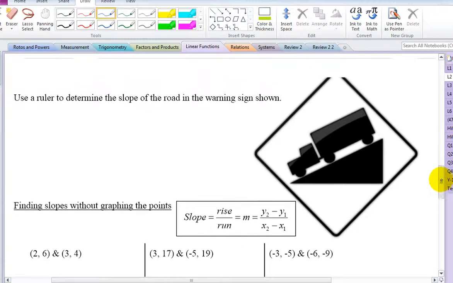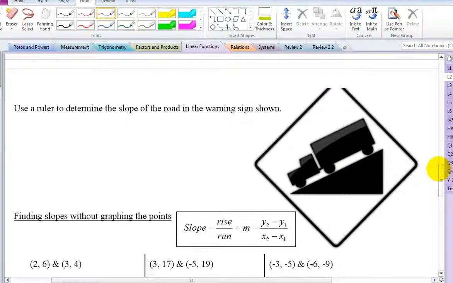Turn it over. The warning sign. So it says use a ruler to measure your rise and your run. Okay, now here's your road on the sign. So you want to find your rise and your run.